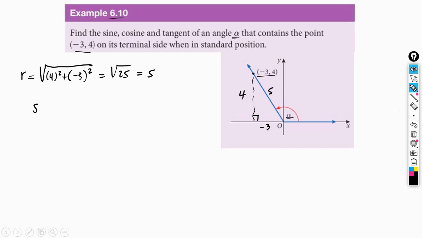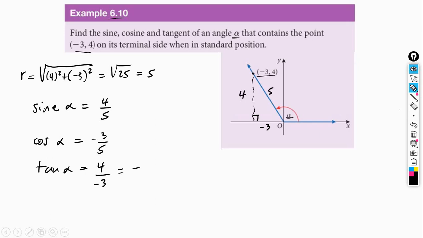So sine of alpha is going to equal 4 over 5. Cosine of alpha is going to equal -3 over 5. And tangent of alpha is going to equal 4 over -3, which we can write as -4 over 3.